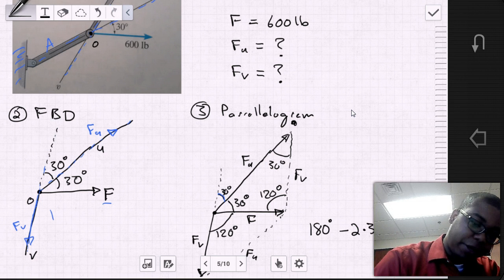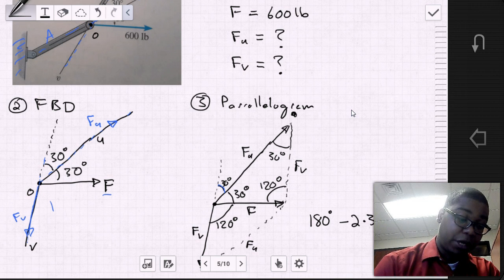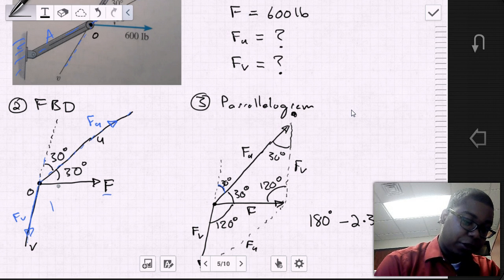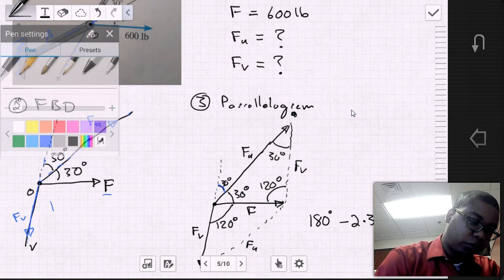Right? Now what we need to do is look at our free body diagram and see what additional information we can obtain from it before we start applying our rules. In this case, we have the angle 30 and 30, but there's another angle that we do not know, which is the angle between F and the direction U. So what we can do is we know that if there is a straight line, that on one side of that straight line there is 180 degrees. Right?